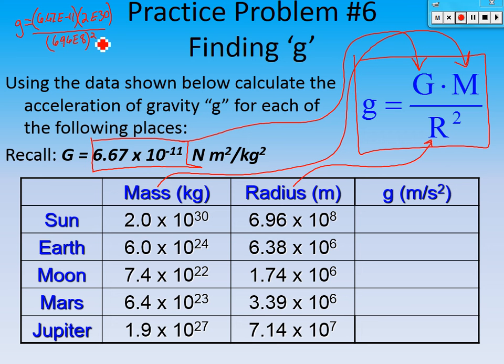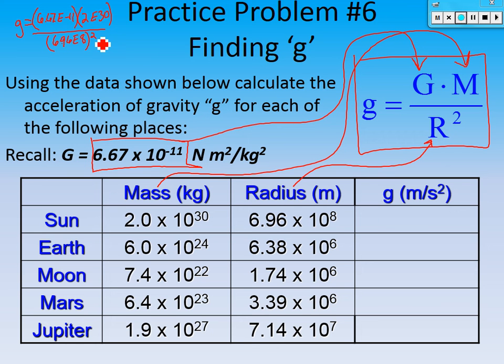Okay, so let me put that in my calculator. 6.67 e to the minus 11 times 2 times 10 to the 30th equals, and then divide it by 6.96 e to the 8th squared.